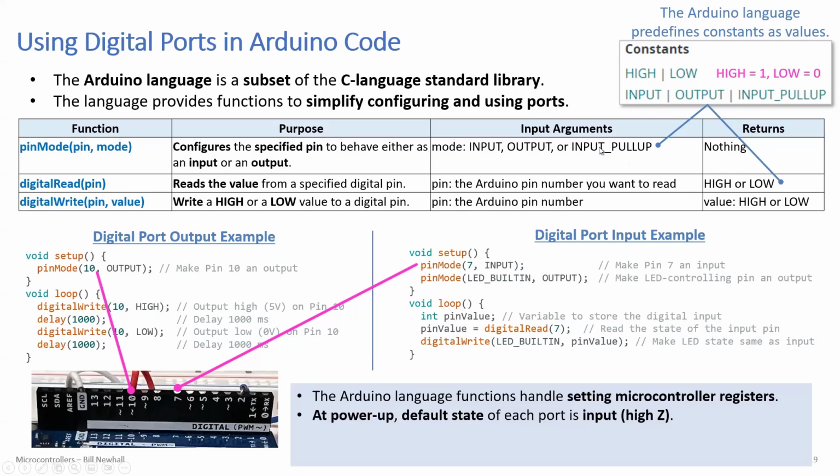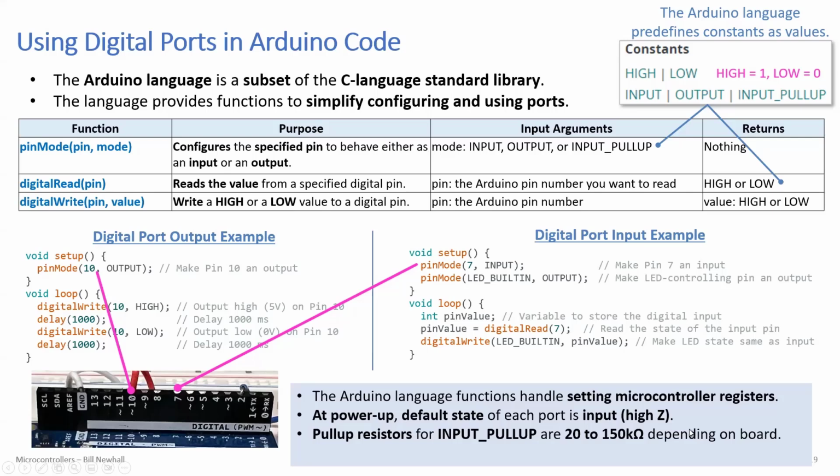Now this pull up here, right, input, output, and pull up: if you set a port mode to input pull up, then that's effectively connecting a fairly large resistor between that pin and VCC, the 5 volts of this microcontroller. Those resistor values are somewhere between 20K and 150K, depending upon the board and the microcontroller.